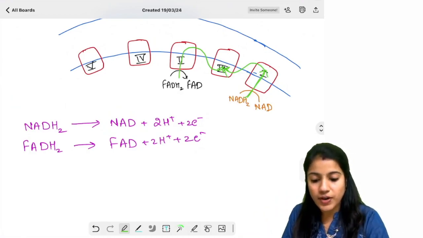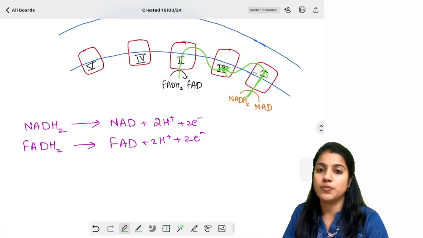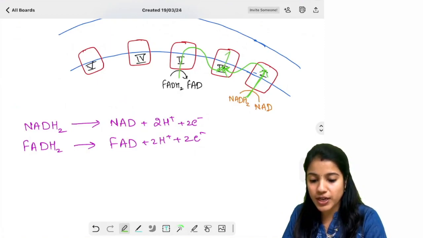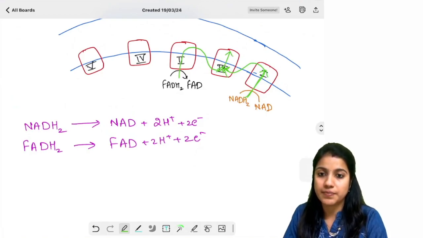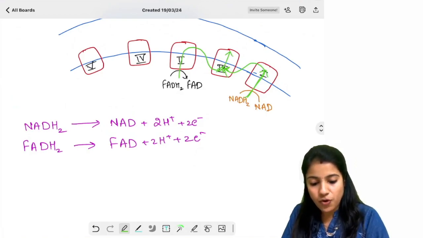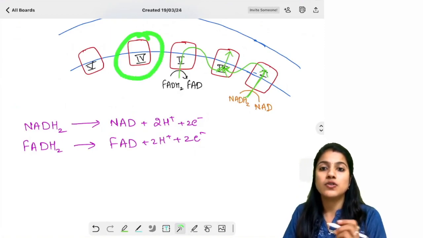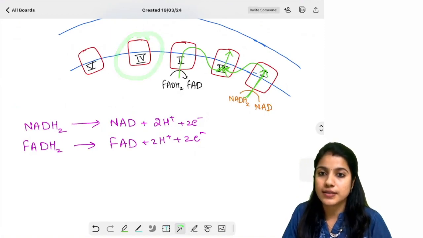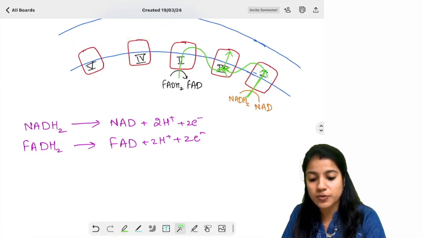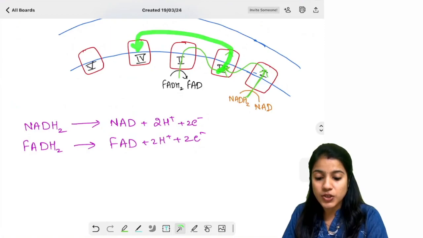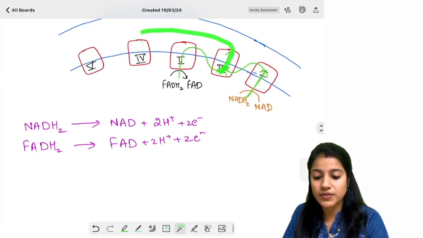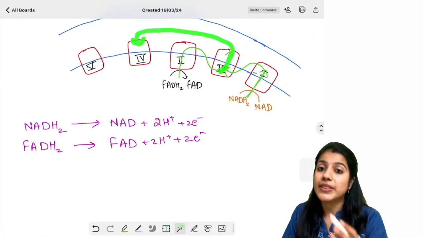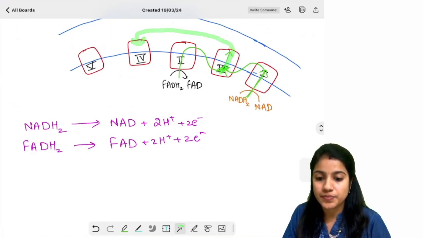Right? Now what will happen? Complex 3 is associated with all electron transport molecules. So it will transport electrons from its complex. Now complex 4, that means this complex is also associated with electron carriers. Now electrons need to be transported from complex 3 to complex 4, right? So in between, complex 2 is coming. So how will the electrons from this third complex move to the fourth complex with the help of one mobile carrier, right?